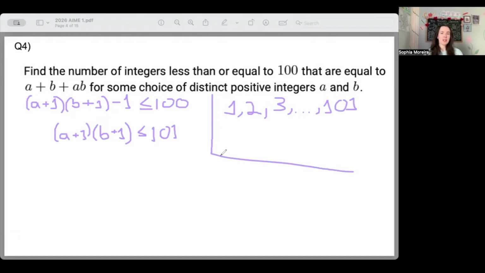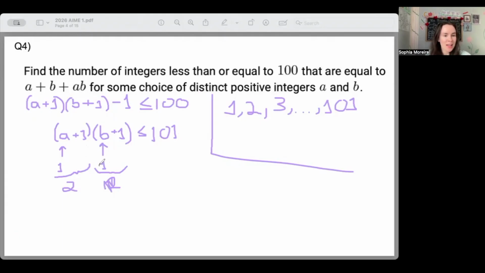Well, the first thing we note here is that a and b themselves have to be positive integers. Therefore, the smallest value we could plug in for a and b would be 1. If we do that, then a plus 1 is 2, and b plus 1 is also 2. However, notice that they must also be distinct. Therefore, if a is 1, b cannot be 1.